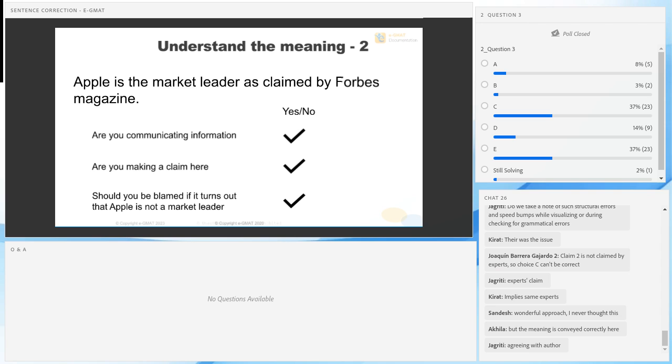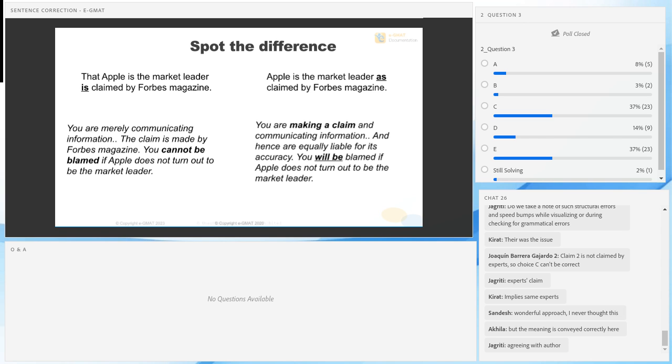Absolutely, Jagrati. When you're saying as claimed, you are agreeing with Forbes magazine. So if Apple turns out not to be the market leader, then you will also be blamed because you are the one who said that it is the market leader. So that's the difference between the use of word is and as.